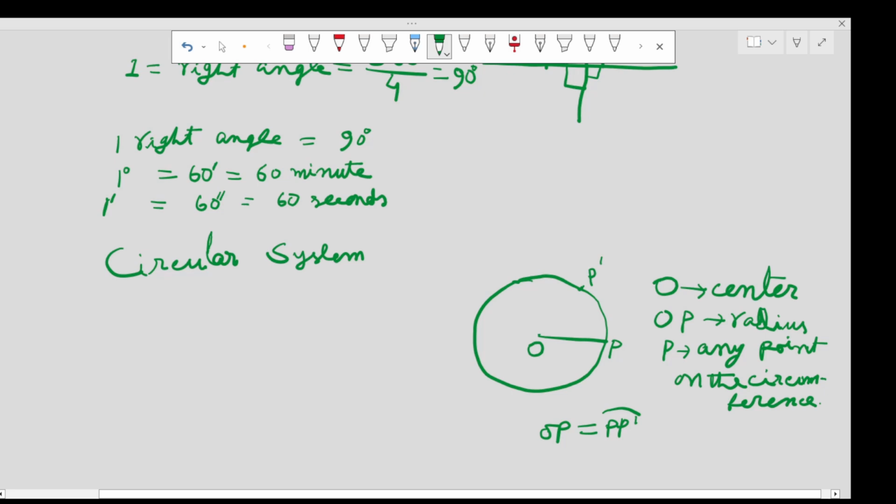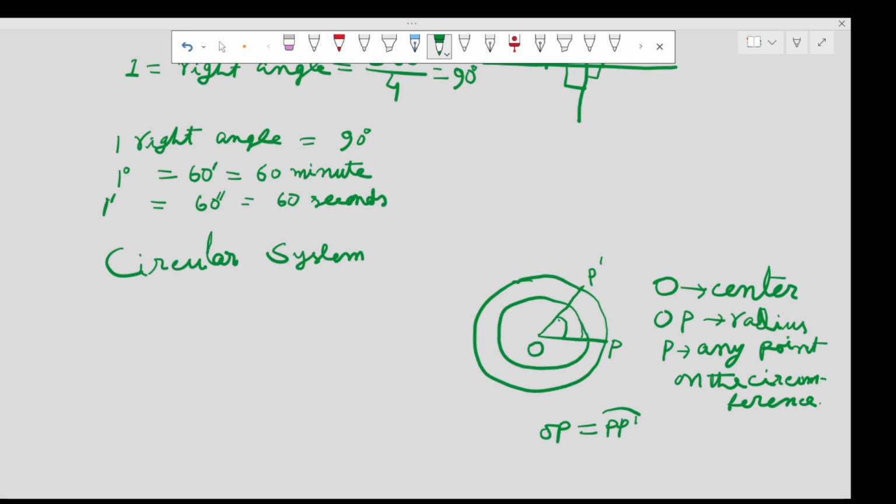Now see, if we join OP1, this angle will be made. Now think about angle POP dash. It is a constant angle for any circle. Think, we are drawing another circle inside the circle.